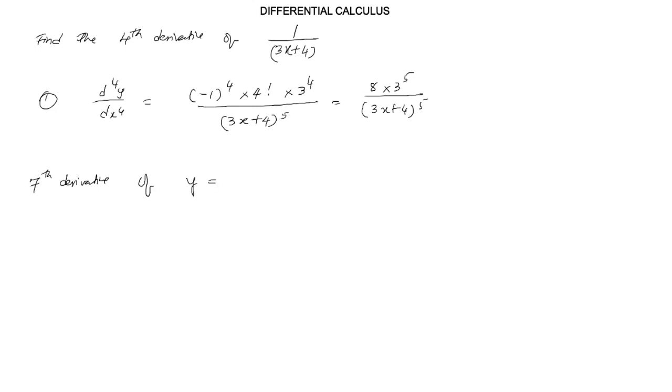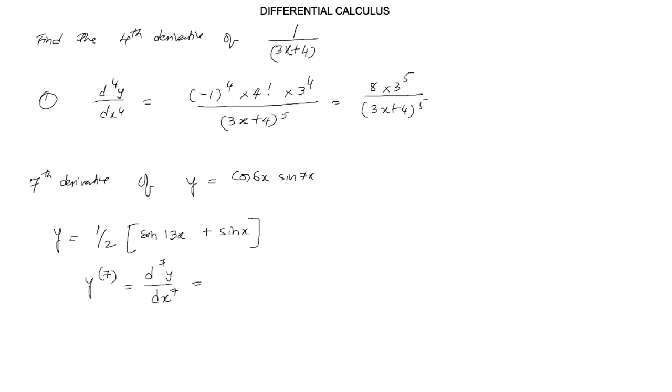Now let us find the seventh derivative of y, which is cos 6x sin 7x. Now y will be 1 by 2 times sin 13x plus sin x.